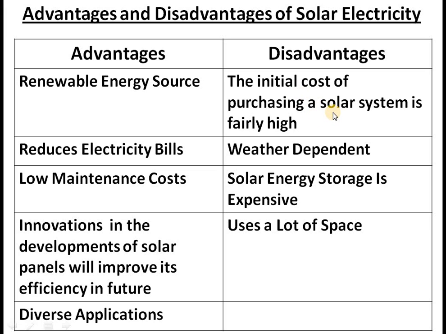Initial cost is high because for installation we have to invest some money, and weather dependence is also there because only in the daytime will you get energy. But you can overcome this limitation with batteries, though solar energy storage is expensive because we need huge batteries. That is another disadvantage. And it needs a lot of space.